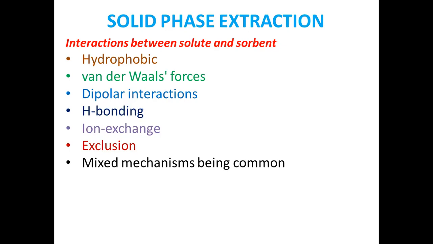So cation exchange and anion exchange both are possible while using sorbents which are modified in such a way that ion exchange equilibria can be expected. And exclusion is also very common, and it can be seen whenever you intend to separate the solutes based on size.